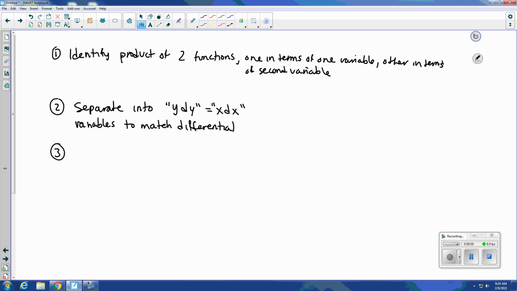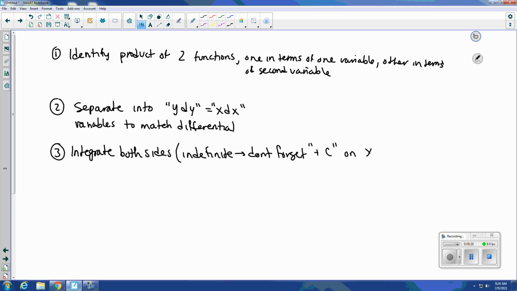Once you've done that, integrate both sides. Remember, the integrals are indefinite. So don't forget your plus c. And we'll put it on the x side. We don't need it on both sides.